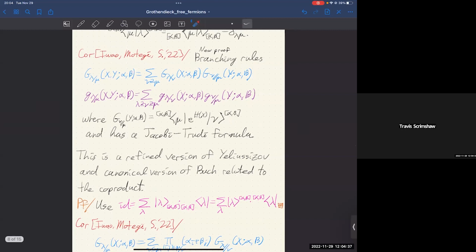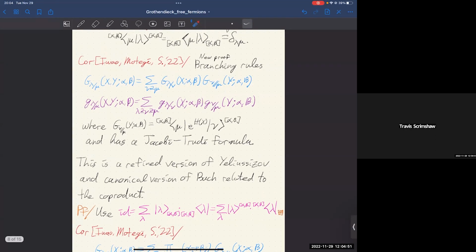And so armed with this, we get refined versions of the branching rule formulas for canonical Grothendiecks that Yeliussizov had, as well as fully canonical versions of results that Buch had.